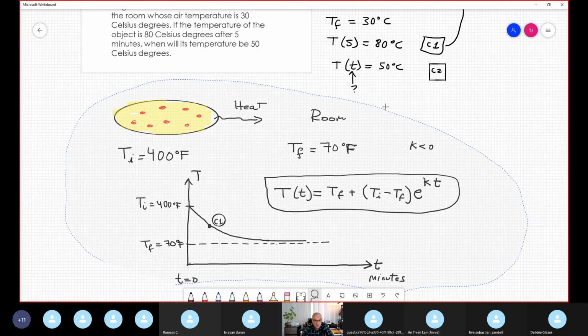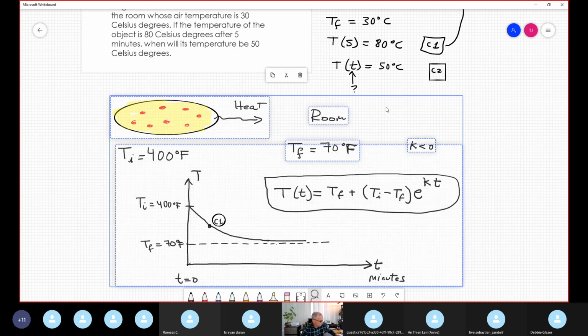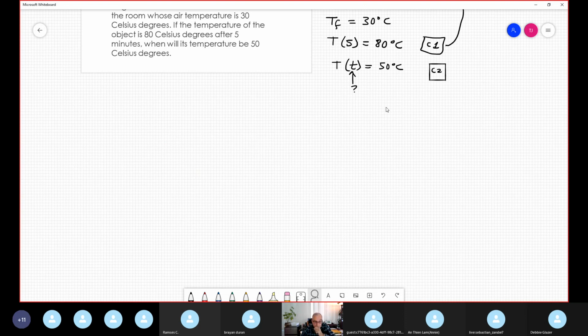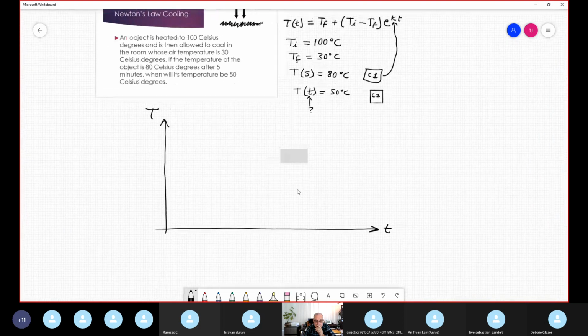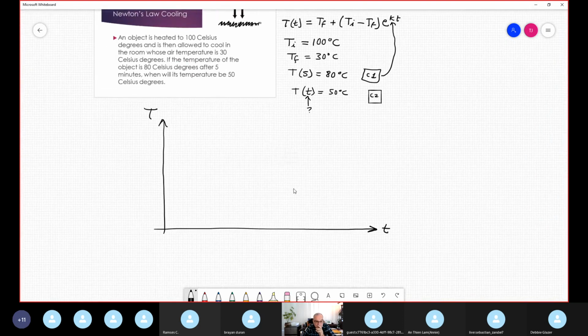Look. This is my graph. This is time. This is temperature. In our specific problem, we start at 100 Celsius degrees at t equals 0. Initial is t equals 0. This is 100, temperature initial 100 Celsius degrees. Temperature final is 30 degrees.